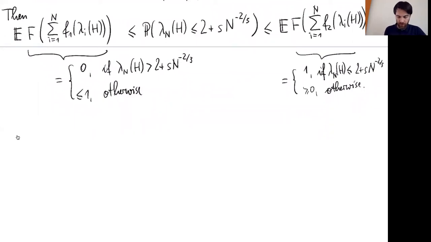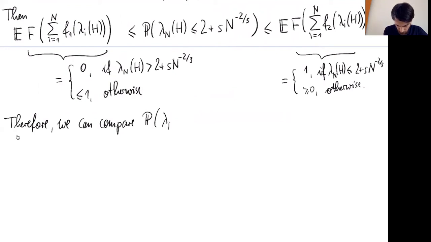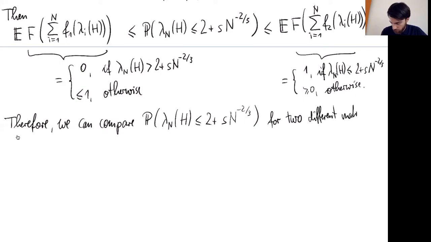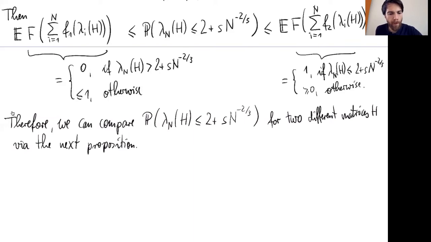That will allow us to compare this probability, P(lambda_n(H) smaller than 2 plus s times n to the minus 2/3), for two different matrices H via the next proposition.